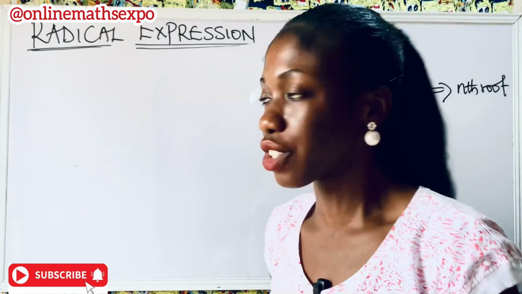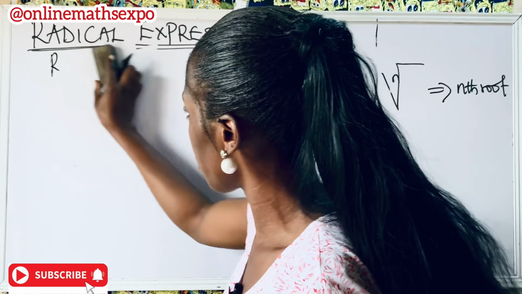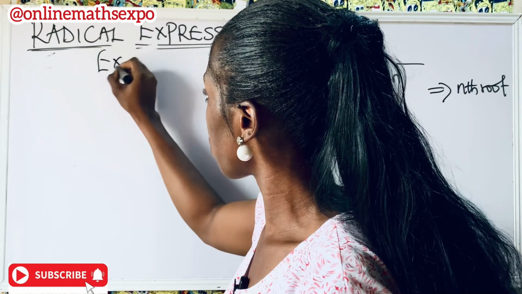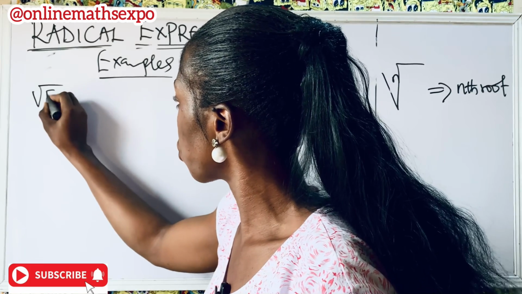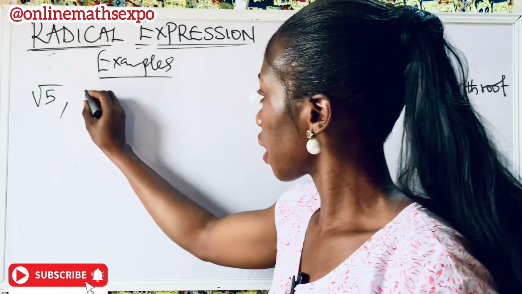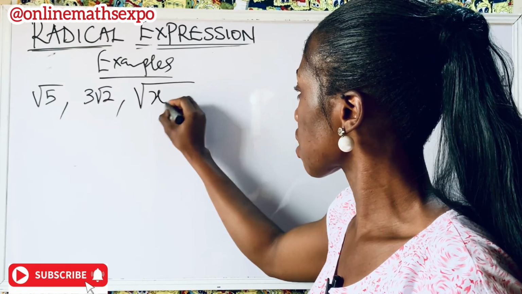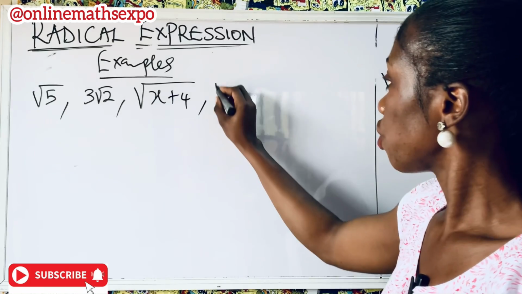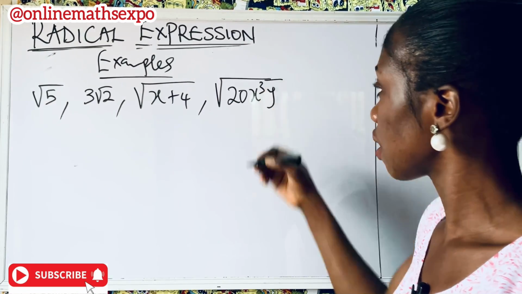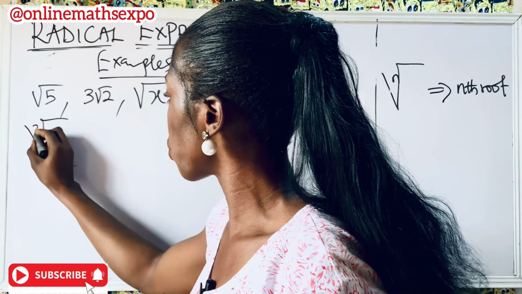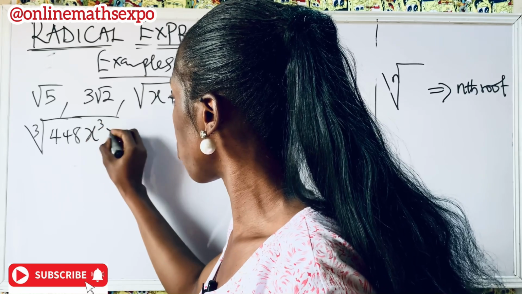Some of the examples you can have root 5, you can have 3 root 2, you can have root x plus 4, you can have root 20x cube y, you can have cube root of 448 x cube yz.